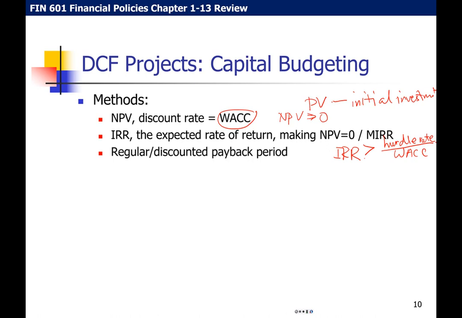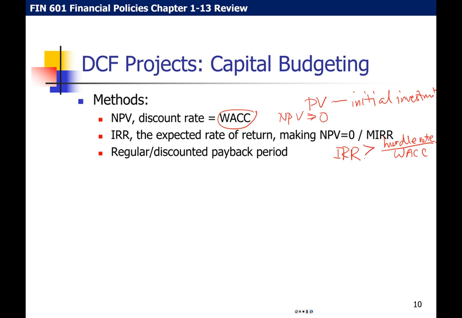Okay, and there's the regular discounted payback period. Simply just divide the investment by the annual cash flows that can be generated, and the number you get is the number of periods that the investment can be paid back.